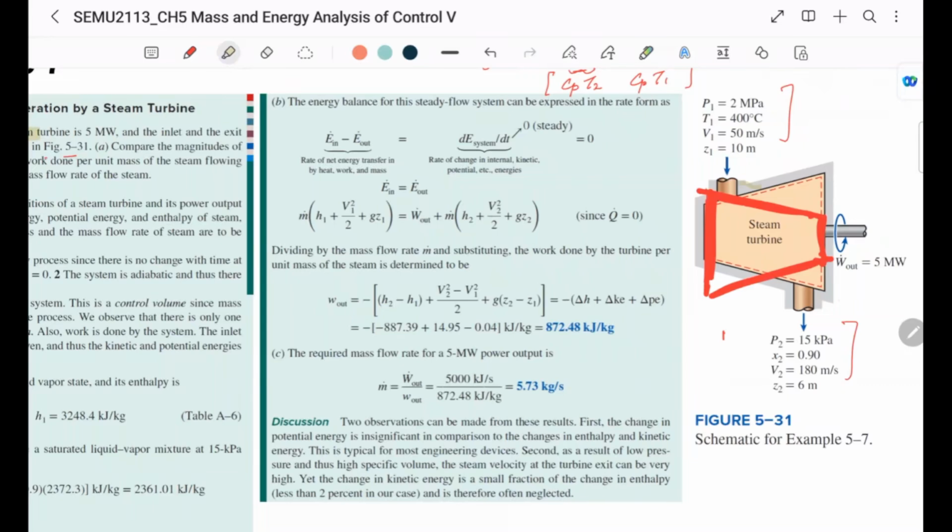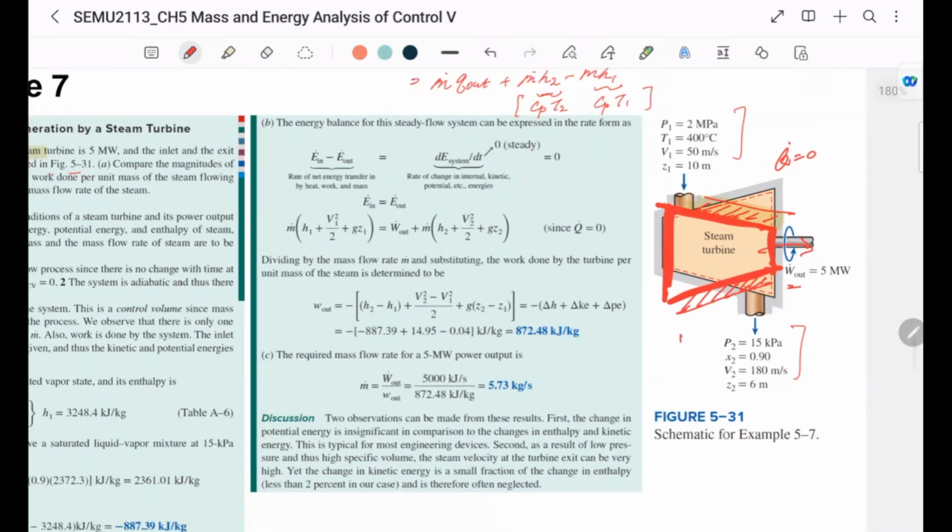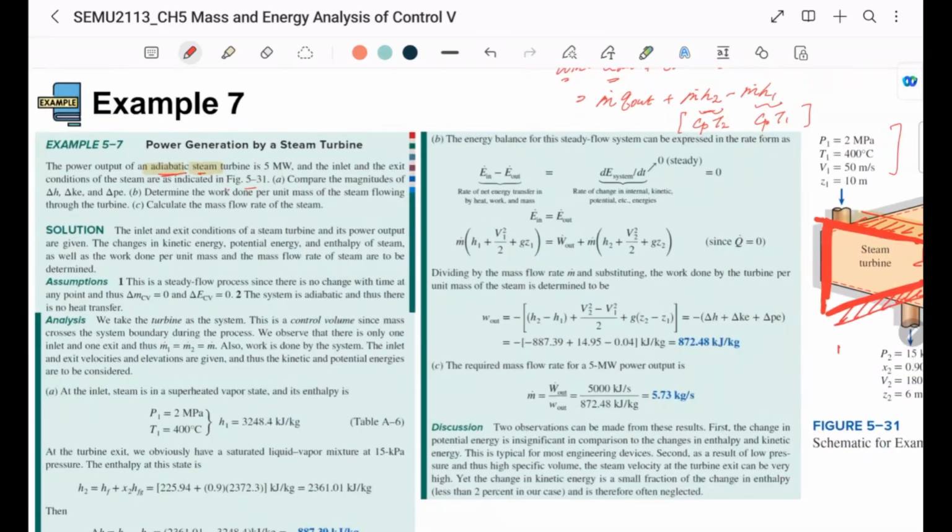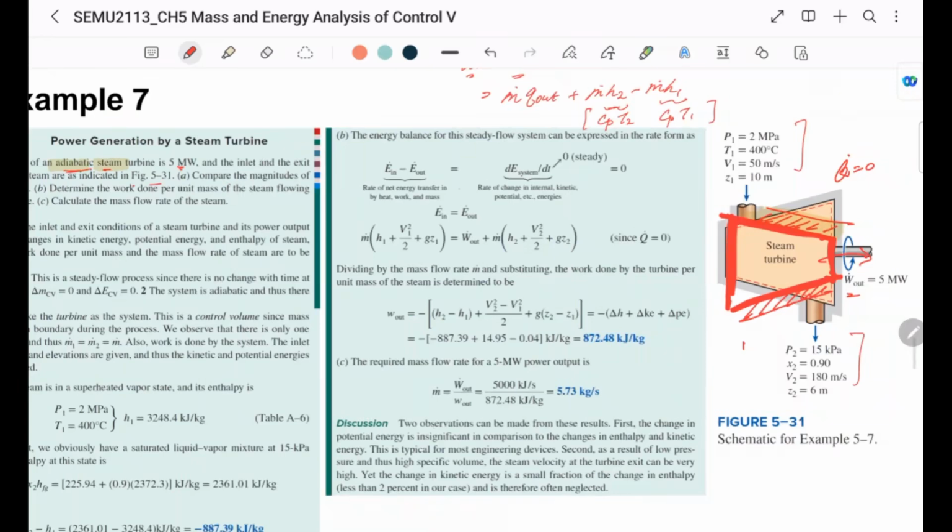And it's an adiabatic turbine, so therefore it is fully insulated. So Q equal to 0. But there is a work out, which is 5 megawatts. So this number is given already.